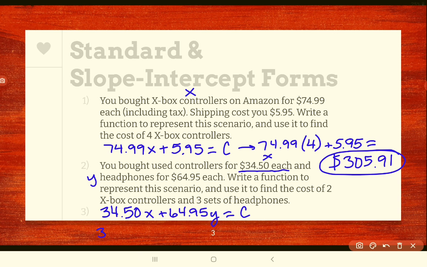So what I'd be typing in my calculator is $34.50 times 2 plus $64.95 times 3. And we'll see what that gives us. Whatever I get is my total cost. So $34.50 times 2 plus $64.95 times 3 gives me $263.85. So there's my total cost.